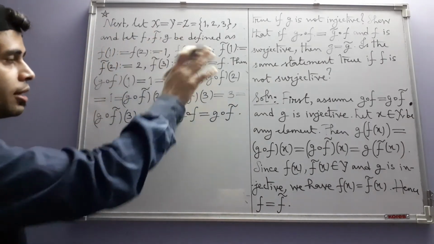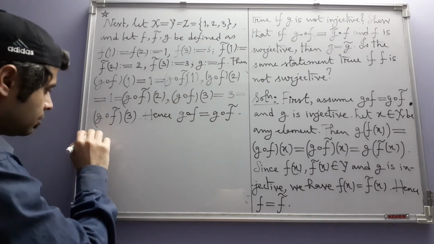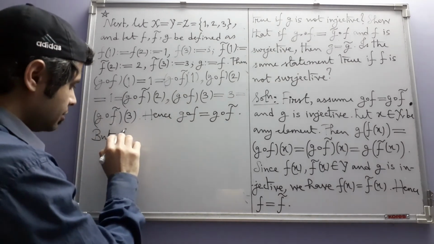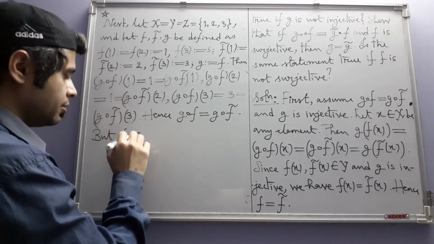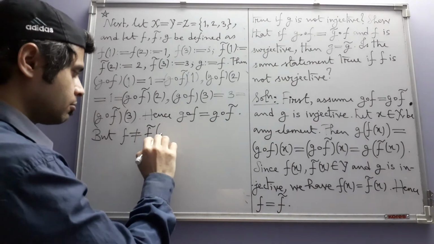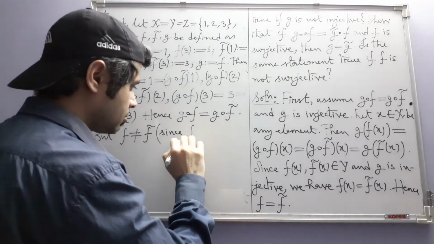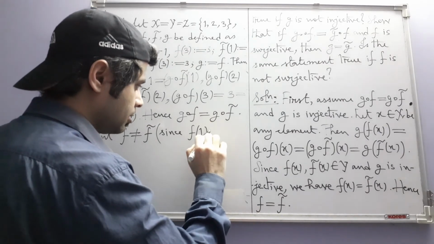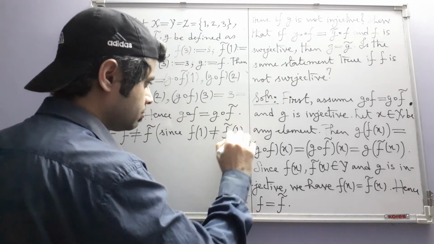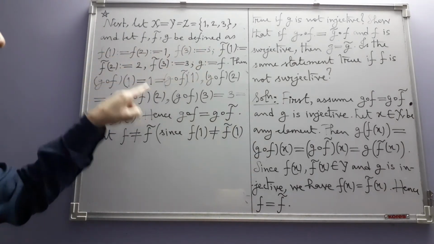For these particular functions, we are having this. But f is not equal to f tilde, since f of 1 is not equal to f tilde of 1. f of 1 is 1, but f tilde of 1 is 2.